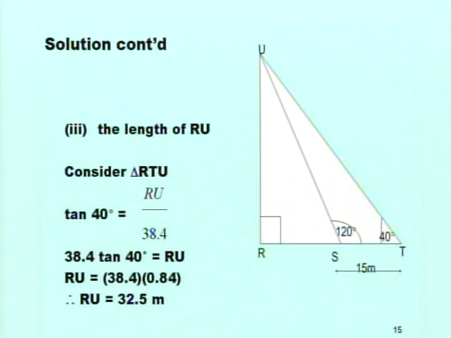Cross multiplying, we will have RU is equal to 38.4 times tan 40 degrees, which will give us 38.4 times 0.84. Carrying out the calculation, we find that RU is equal to 32.5 meters.